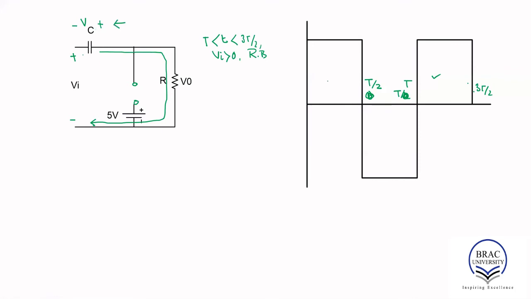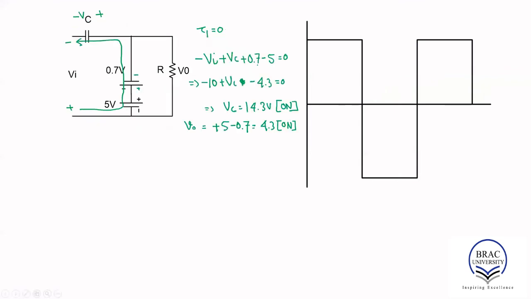Right now, when the diode is off, the current direction has reversed, so the capacitor is not going to be charged. Instead, the capacitor will start to discharge. As you have already learned, we have selected the values of C and R such that it takes a longer time to discharge. So when the diode is off, Vc is equal to 14.3 volts, whatever value we have found.